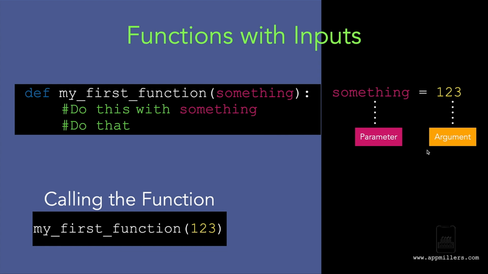Now the argument is the actual piece of data that's going to be passed to this function when it is called over here. Whereas the parameter is the name of the data, and we use the parameter inside the function to refer to it and to do things with it. Now very often on the internet, when you come across somebody explaining something, be it on Stack Overflow or in some piece of documentation, you will hear them referring to these two types of things, the parameter and the argument.